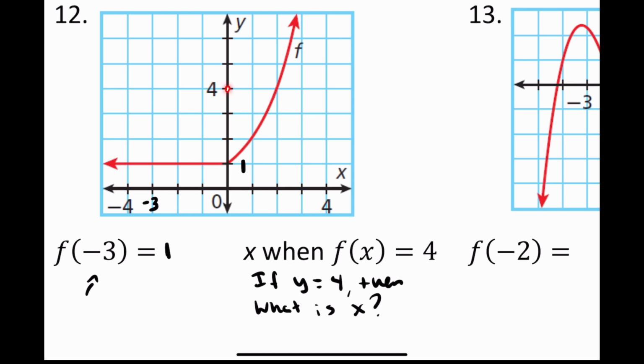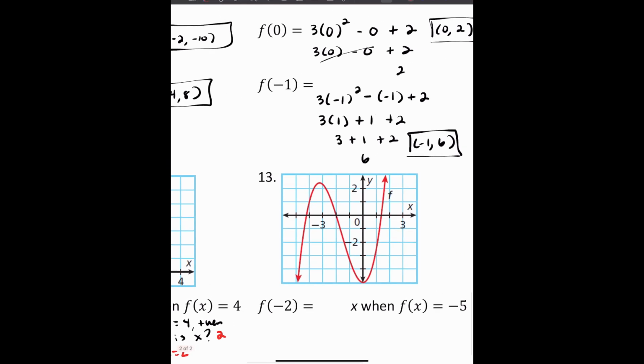So here is 4 on the y-axis, and we have our function literally right here. So then all I need to do is drop down and see what the x value is. So if this is 0 and this is 1, this must be 2. So the x value, the input, is 2. So x equals 2.